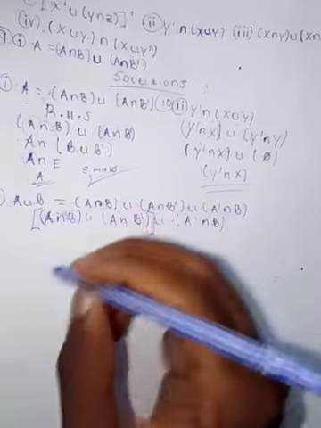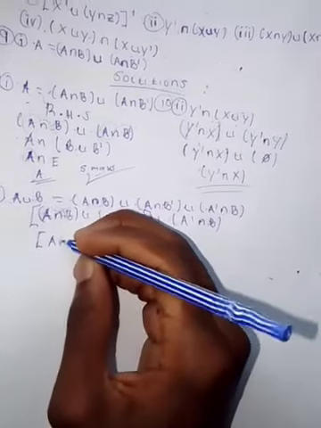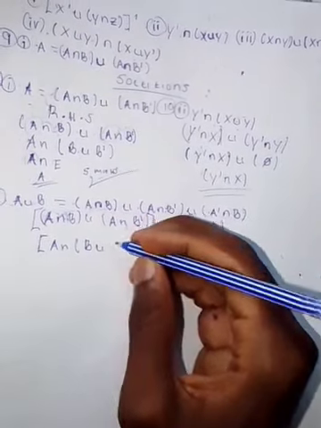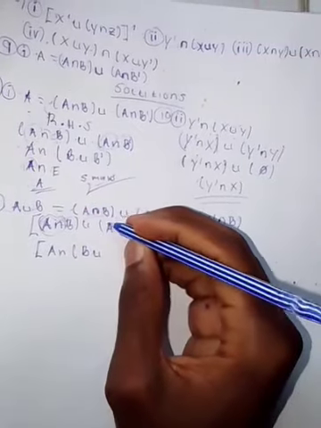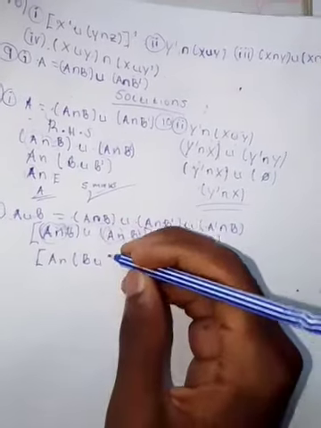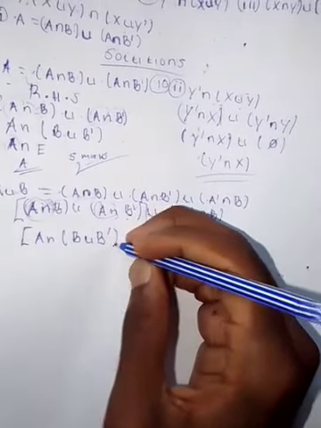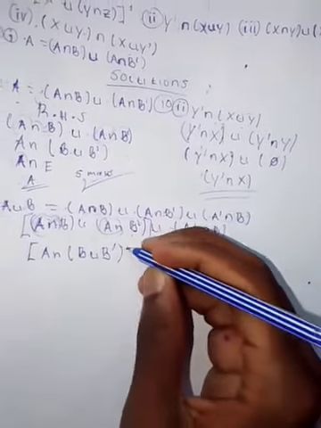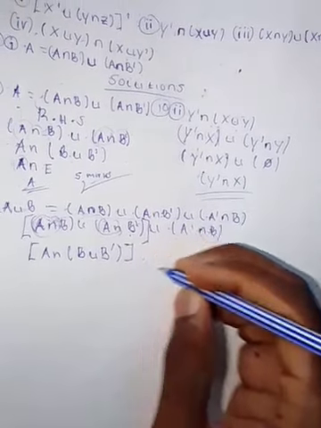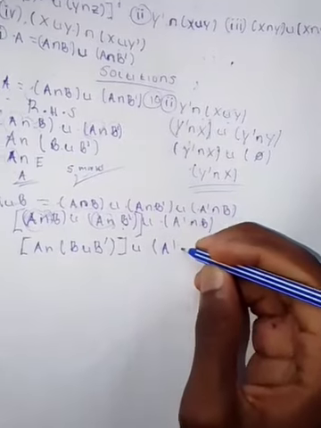So basically you're going to have B united with, imagine we remove these, we are going to remain with B union B complement. Then we are going to wrap them, united with A complement and B.